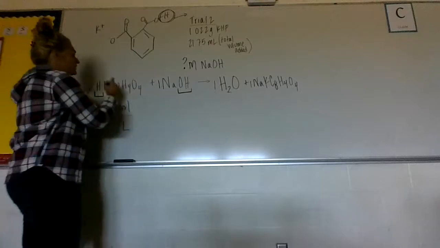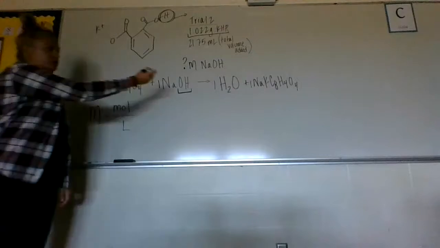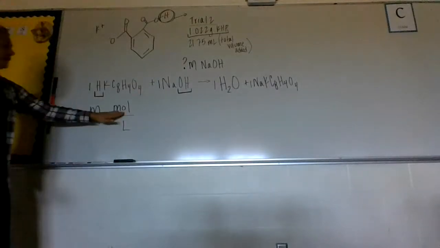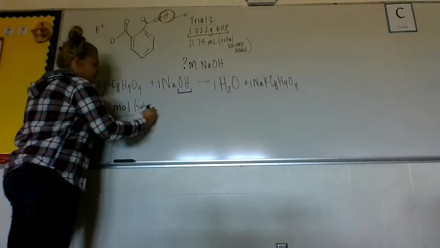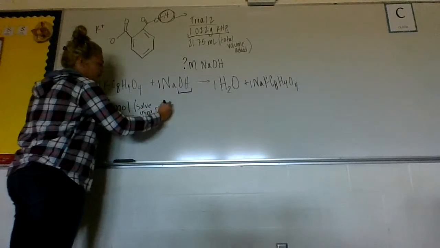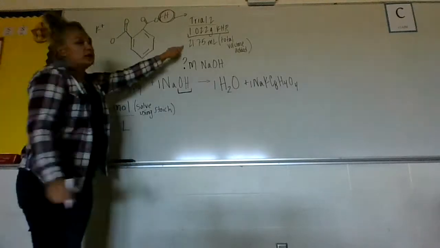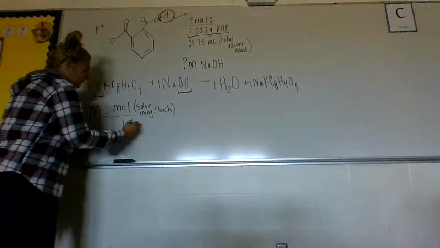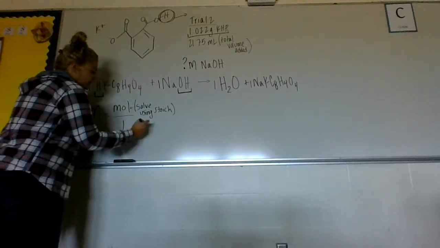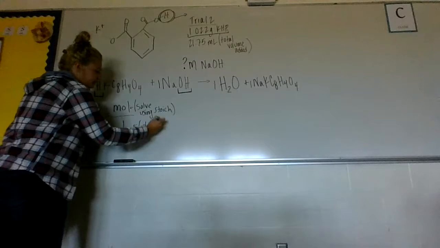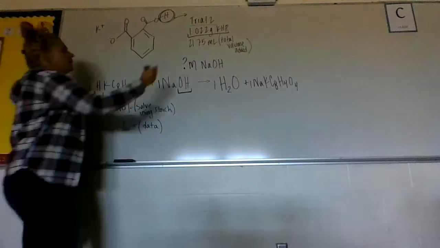We can do that because now we have a balanced chemical equation between KHP and sodium hydroxide, so I can solve for this using stoich. Liters is the data that we collected, but we need to make sure that we're in liters. So let's do that right now.